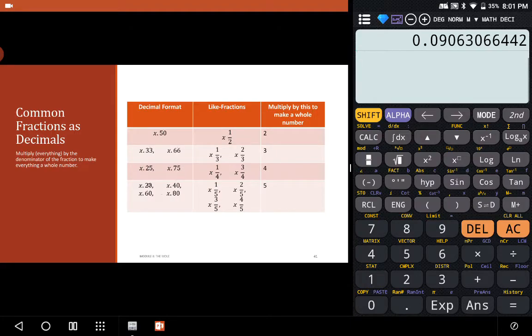If you see things end with just 0.20, 0.40, 0.60, 0.80, those are related to fifths, 2/5, 3/5, 4/5, and so you need to multiply by 5 in order to get back to a whole number. You always multiply by the denominator of the fraction to make it a whole number. So recognizing these common fractions in decimal format can help you identify what you need to multiply by in order to get back to a whole number.